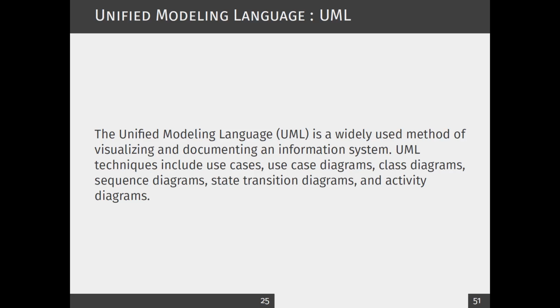Using UML, you can come up with different types of documents. We can identify use cases, use case diagrams, class diagrams, sequence diagrams, state transition diagrams, and activity diagrams. Depending on our requirements, we might need different types of models that we need to develop for our information system. Right.